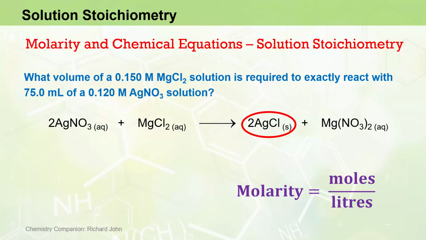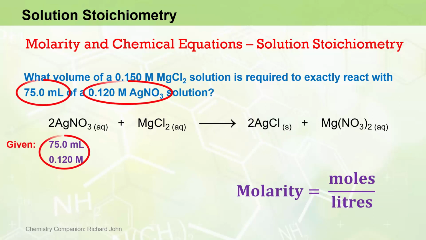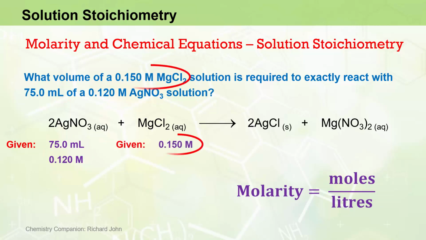To solve this problem, we can take the same approach as we have done previously by writing out all the information we have been given. For example, we know that we have 75 milliliters of silver nitrate solution with a concentration of 0.120 molar or moles per litre. We also know that the magnesium chloride solution has a concentration of 0.150 molar.